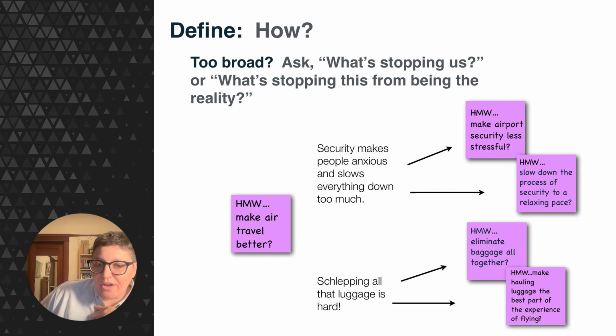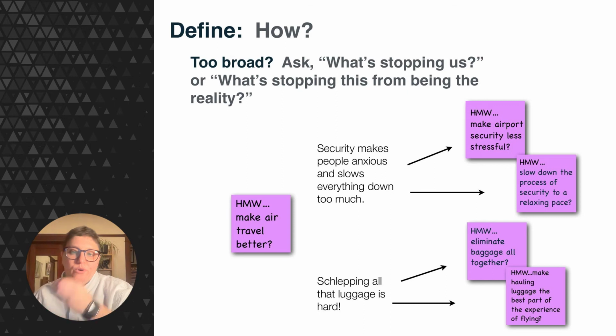But if you ask yourself, what's stopping us from improving? Well, security is really stressful. Carrying all the luggage is really annoying. And that helps you get to how might we make airport security less stressful? How might we slow down the process of security to a relaxing pace? How might we eliminate baggage altogether? How might we make hauling luggage the best part of the experience of flying?